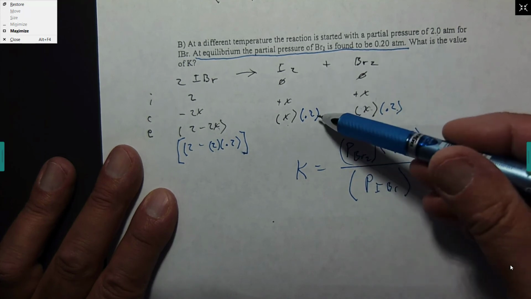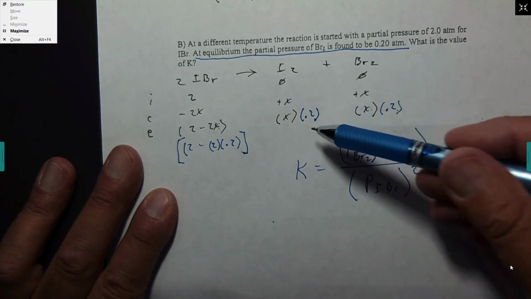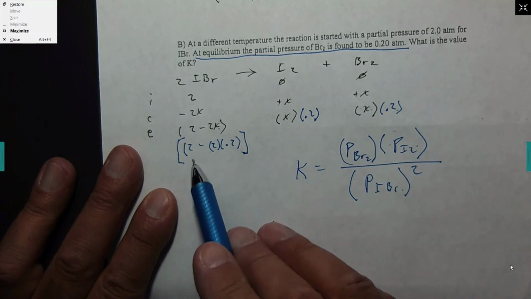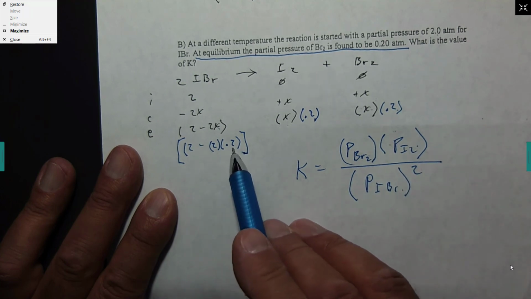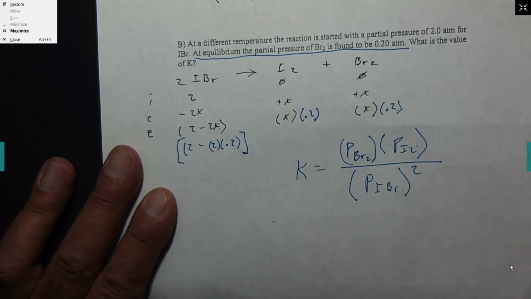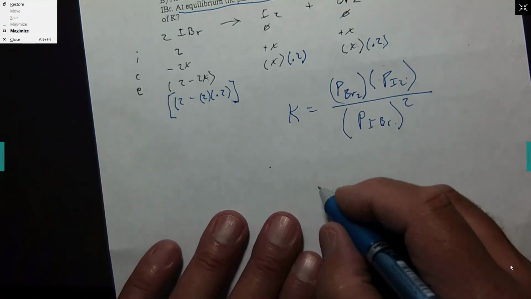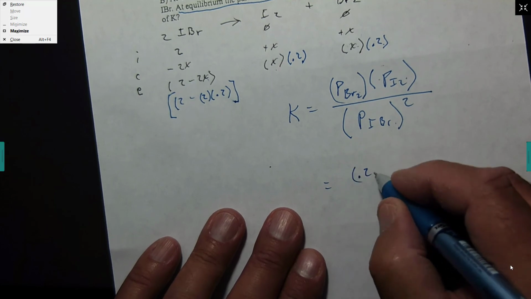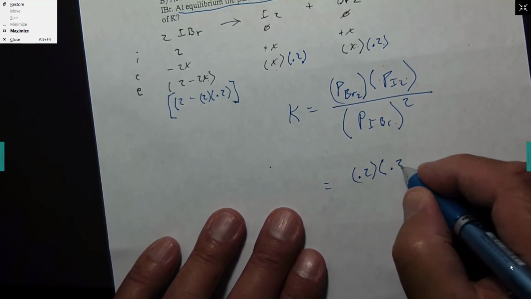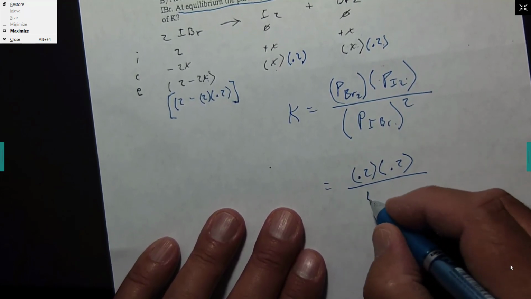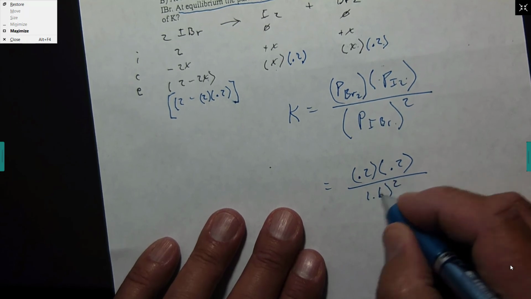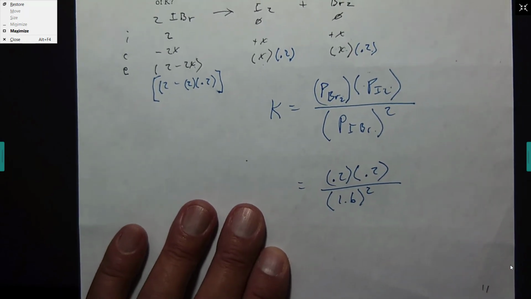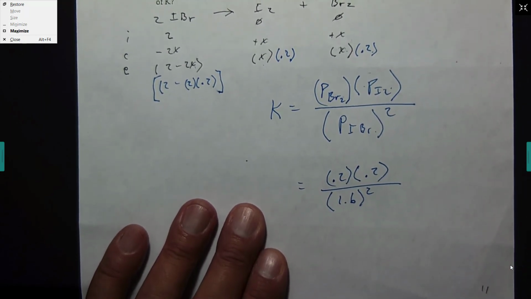For Br2, 0.2. For IBr, you know, 2 minus 0.4. I guess that's going to be 1.6. So you're going to have 0.2 times 0.2 all over 1.6 squared. Run the numbers on that, you'll get your value of K.